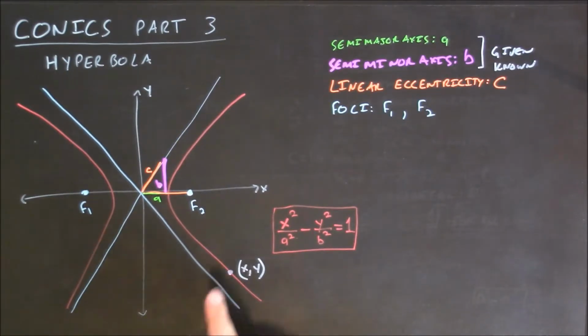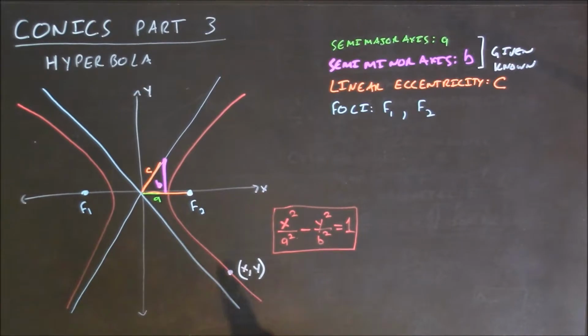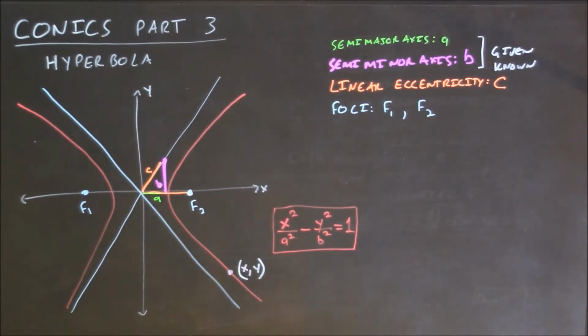For instance, if I was a spaceship doing a flyby of a planet, my path is specifically defined by the path of a hyperbola. And the location of that planet that I'm doing a flyby of is at one of the foci. So focus is a critical point, and you'll see that it'll be used again very shortly.